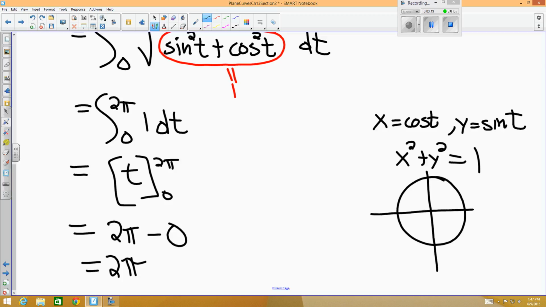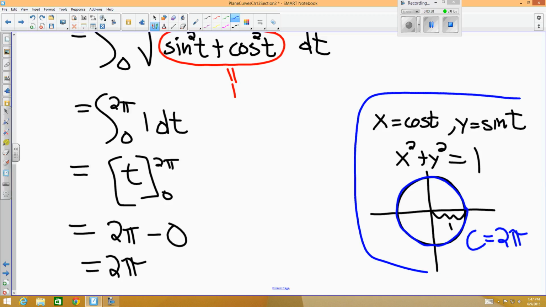It's a circle with radius 1, and the arc length of a circle is the same as the circumference of the circle. And so in this case, indeed, the arc length should be 2 pi. Now, we may not have known the rectangular equation before, but it didn't matter. We can evaluate that arc length using the parametric form of the arc length formula.